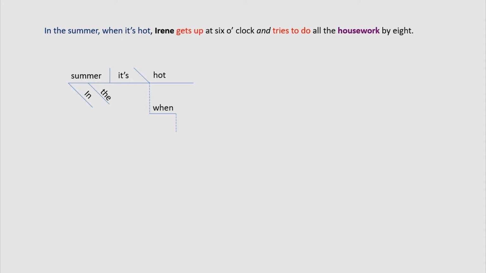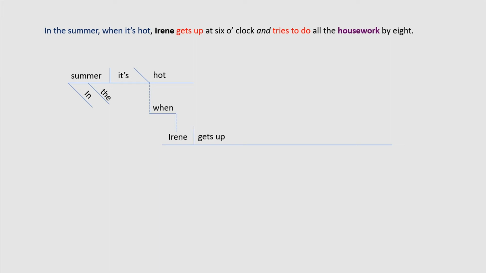Then the second part, the main clause, is Irene gets up at 6 o'clock and tries to do all the housework by 8. Irene is the main subject of the whole sentence. And where is the verb next to Irene? Yes, it's marked in red. It gets up.